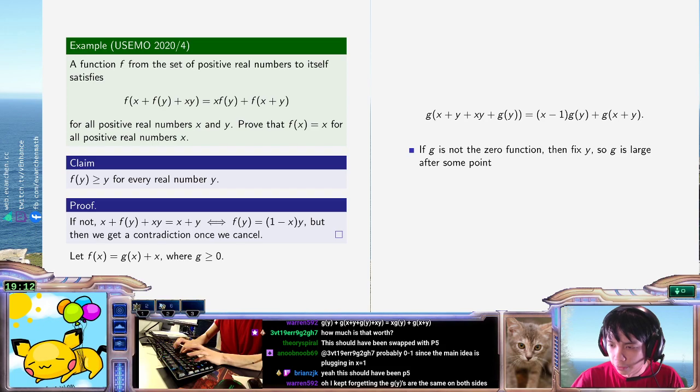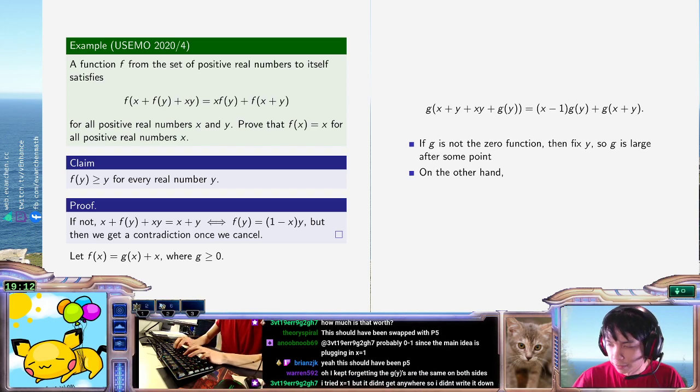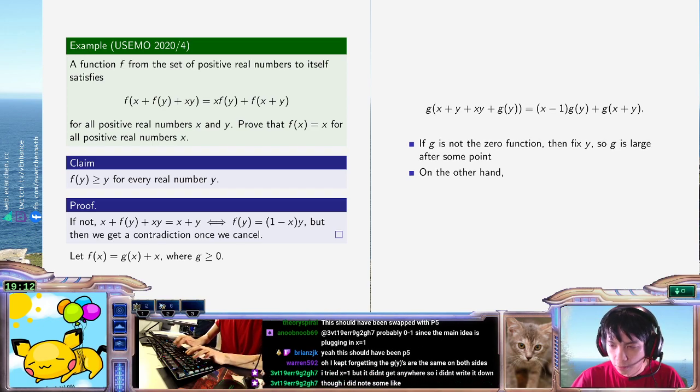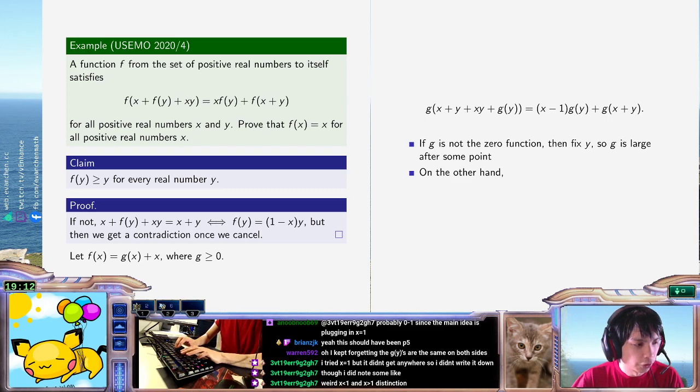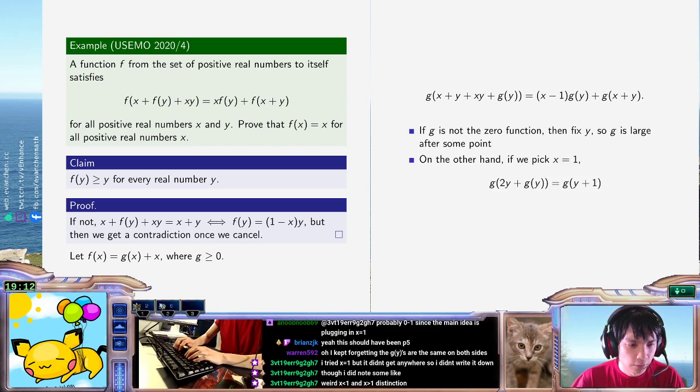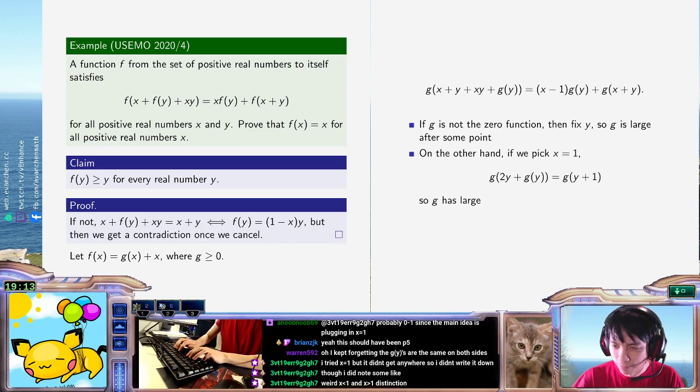On the other hand, if we pick x equals 1, then g(y) is 2y plus 1 plus g(y) equals g(y) plus 1... So g has large fixed points is not the right word.